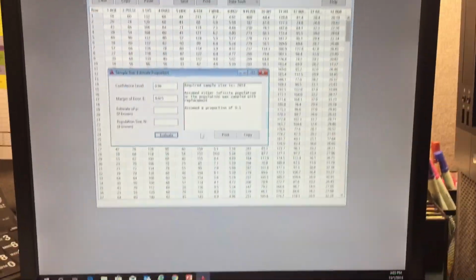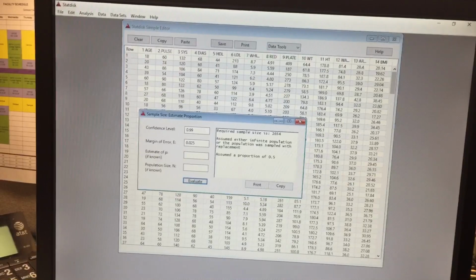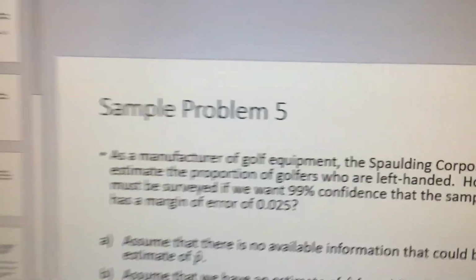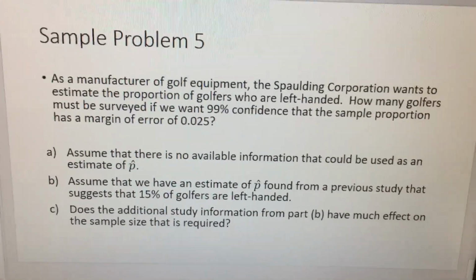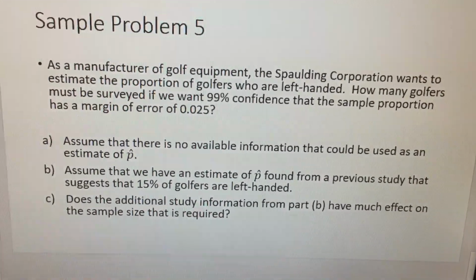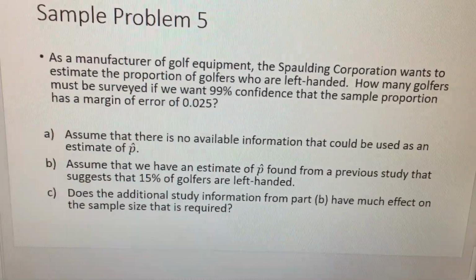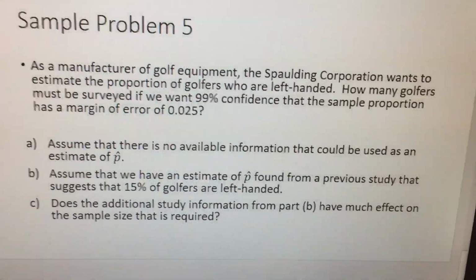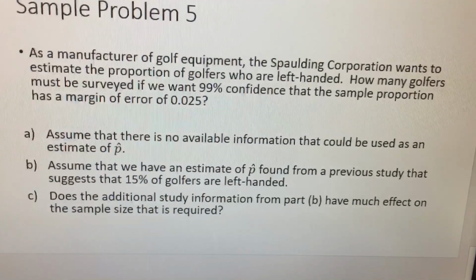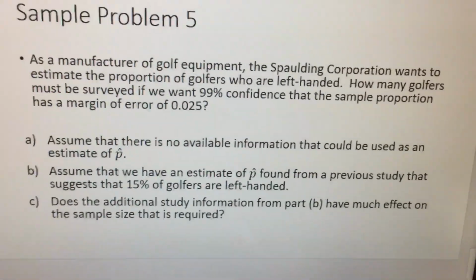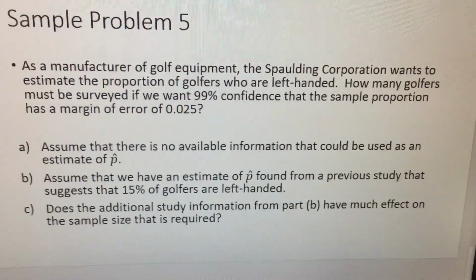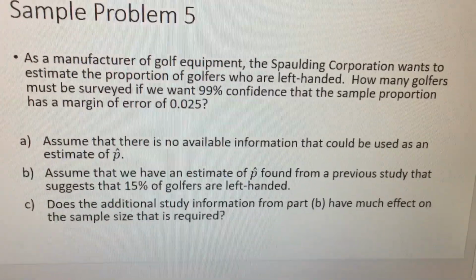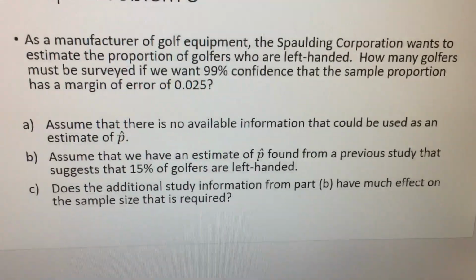Okay? And let's go to the last example, which is number 5. And that's this. As a manufacturer of golfing equipment, the Spalding Corporation wants to estimate the proportion of golfers who are left-handed. How many golfers must be surveyed if we want 99% confidence that the sample proportion has a margin of error of 0.25?